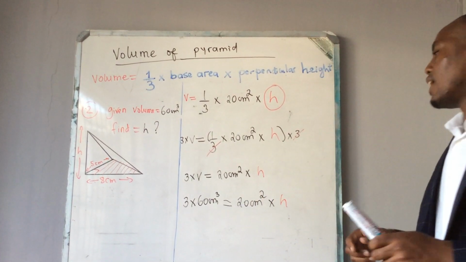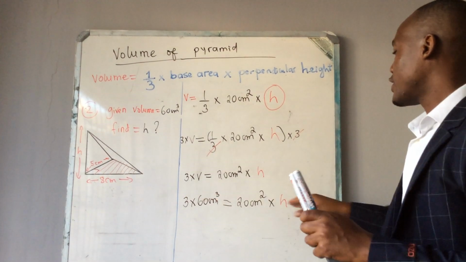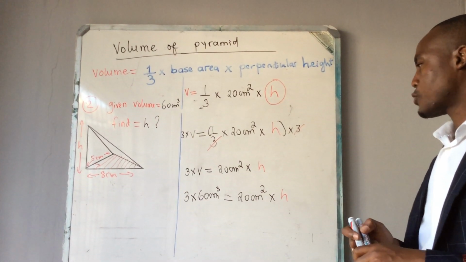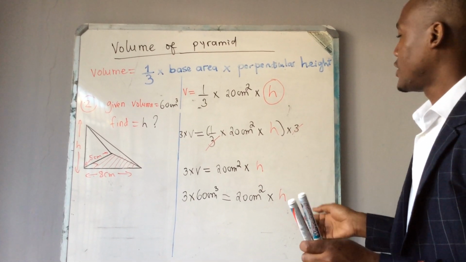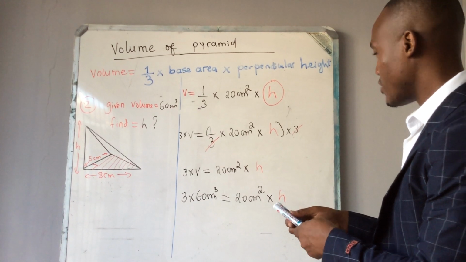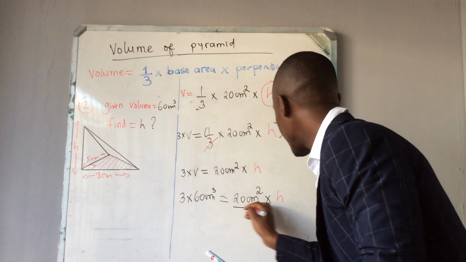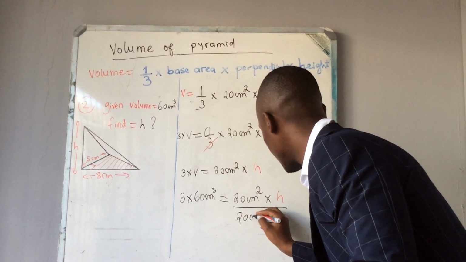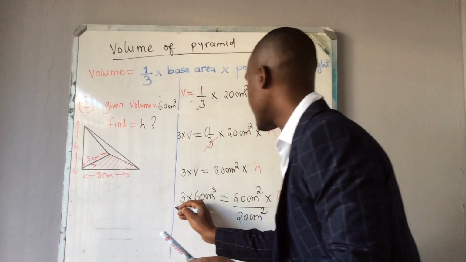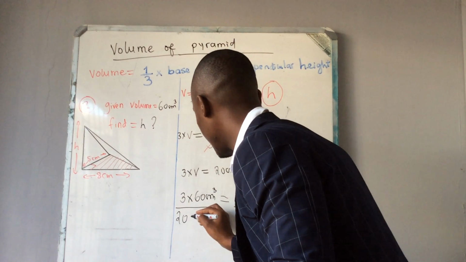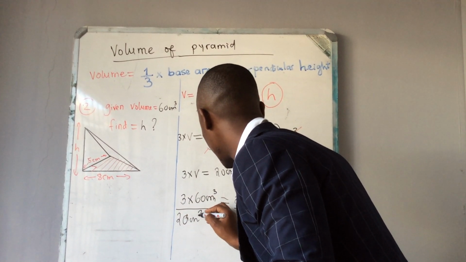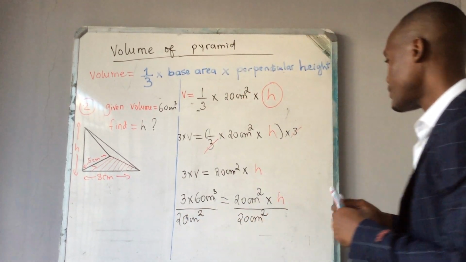Now the next step is, we still don't have h as the subject of the expression. To do that, we will again use algebraic manipulation and divide this whole expression by 20 centimeters squared. And if we do it on this side, we have to do it on the other side. So divide by 20 centimeters squared.